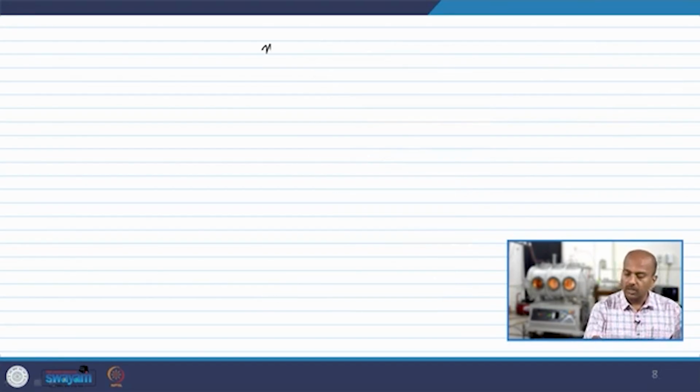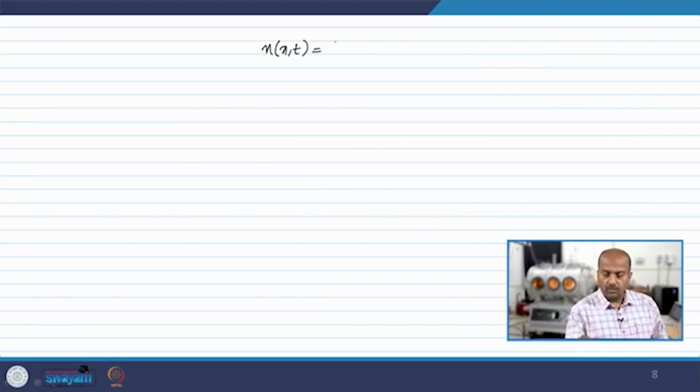Simplifying it further or rearranging the terms, we can write n of x t is equal to n naught cos pi x by 2L times e to the power of minus t by tau.